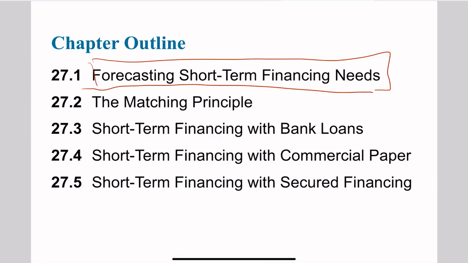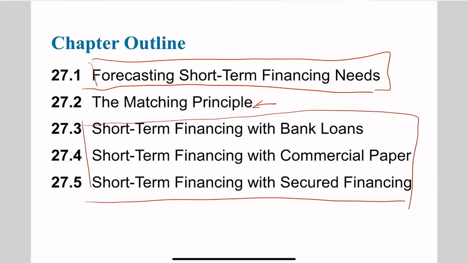And then we will talk about the matching principle, which tells you will do this horizon matching between your financing needs and your financing. And then we will talk about different forms or sources of short-term financing, right? So bank loans, commercial paper, and secured financing.